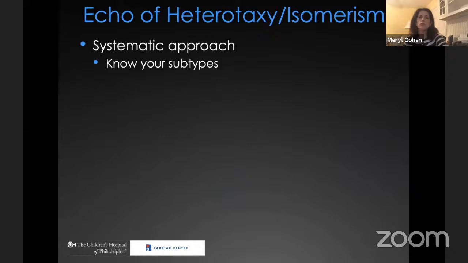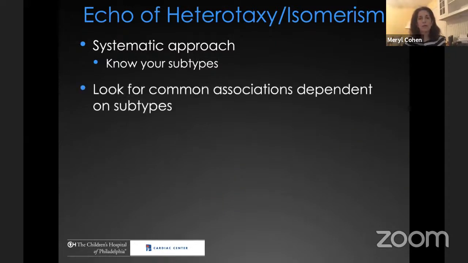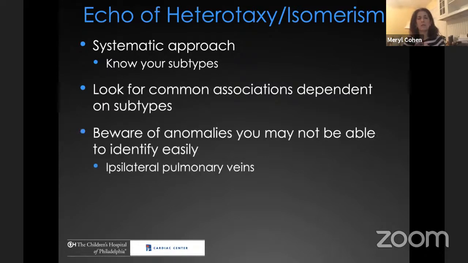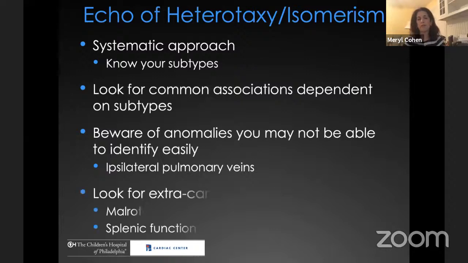So in conclusion, with echocardiography of heterotaxy or isomerism, you need to take a systemic approach and know your subtypes. When you know your subtypes, you can look for the common associations that depend on those subtypes. Beware of anomalies you may not be able to easily identify, such as ipsilateral pulmonary veins.